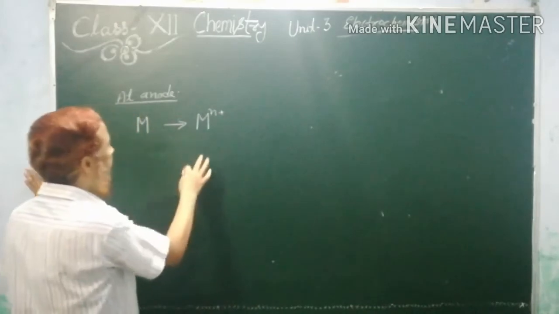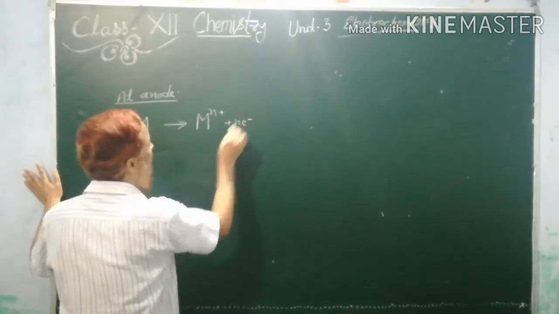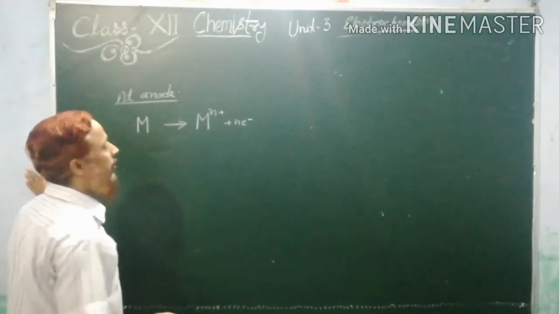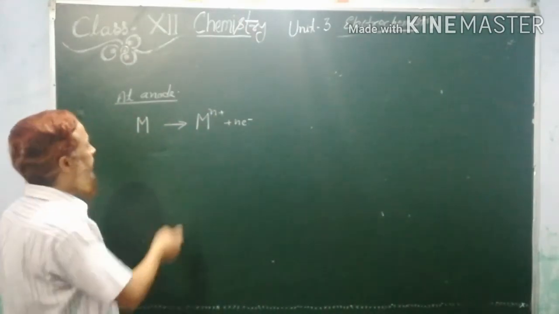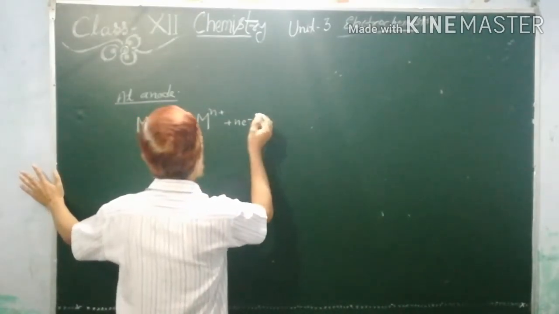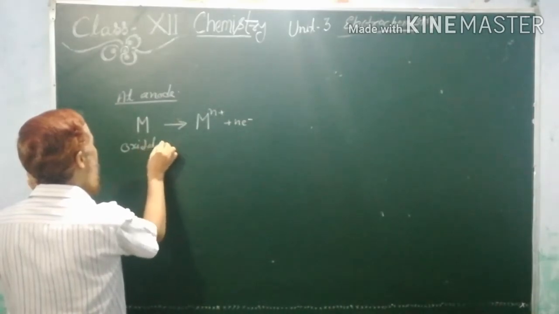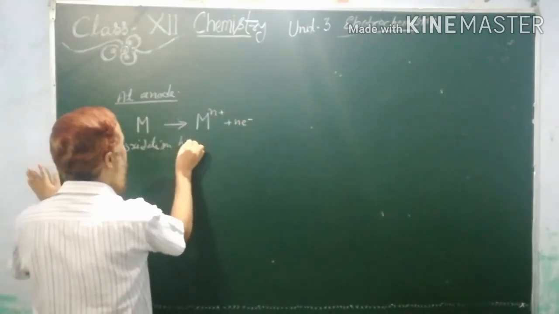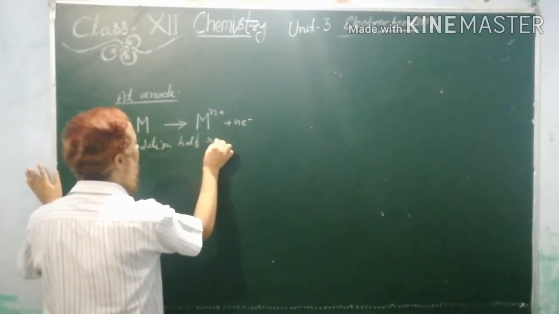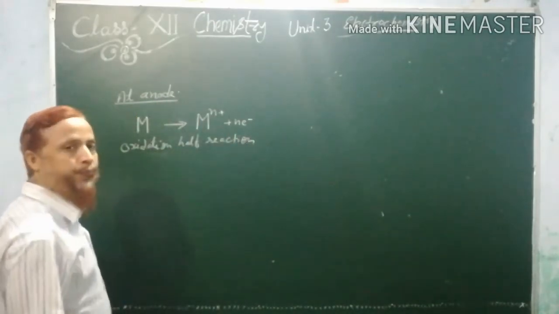This is the general equation. So n electrons are lost and this loss of electrons is called oxidation. So this equation represents the oxidation half reaction, which takes place at the anode.